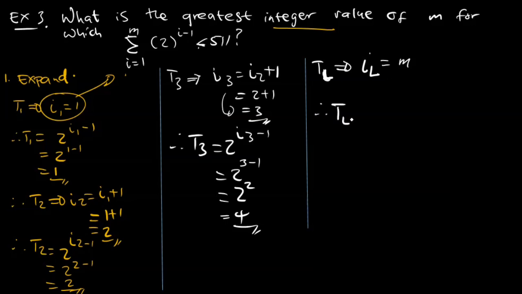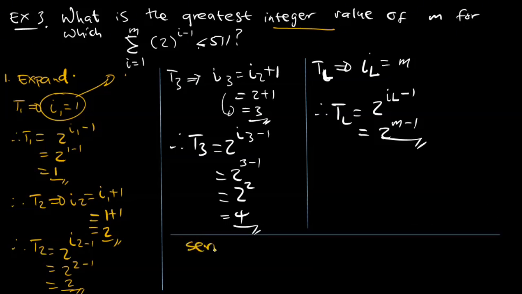Therefore, TL will be, take the expression as is, 2 exponent IL minus 1, which is 2 exponent M minus 1. Okay? So you have the last term.